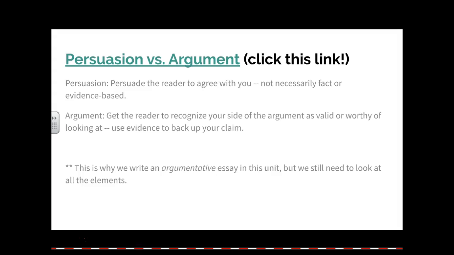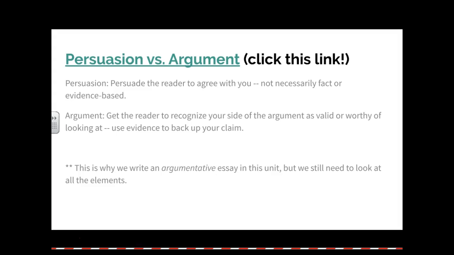Okay? What we want to do in an academic setting is argument. That's to get the other person to acknowledge your point of view. So if Leah and I are arguing over cats and dogs, I'm going to approach her and try to make it so that she understands why I think dogs are better than cats. My goal isn't to change her mind, but it's to make my side of the argument valid. Does that make sense? If you focus on arguments, you're using evidence.